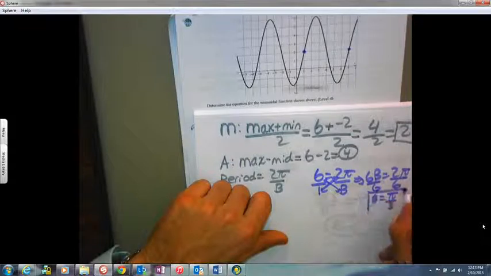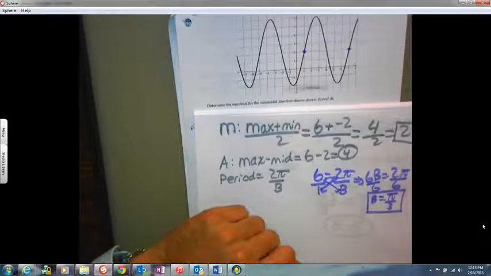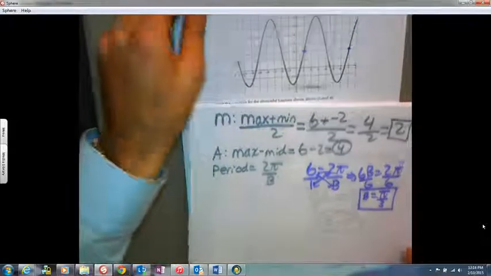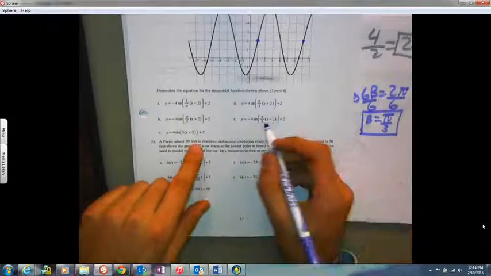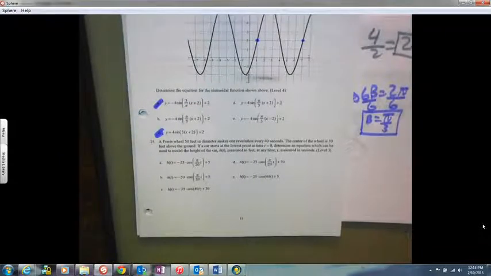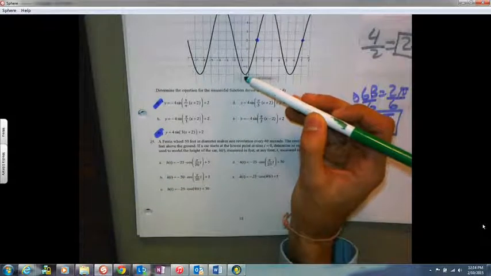Let's see if this helps us at all. Well, I want the b to be pi over 3, e is okay, c is out, and a is out. The answer must be b, d, or e. So now I have to think about, well, this graph doesn't start at the max, nor does it start at the min. In fact, let's remember the midline is here.